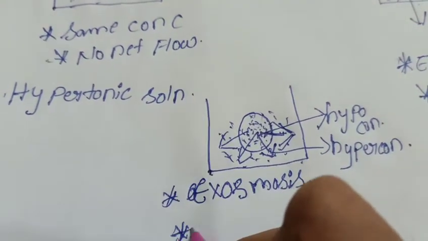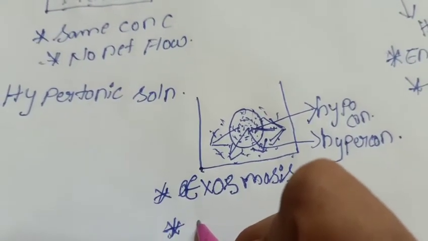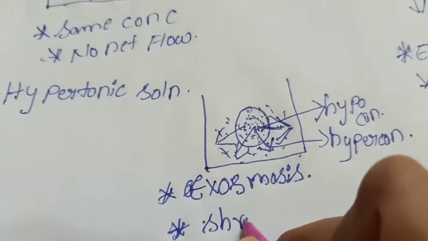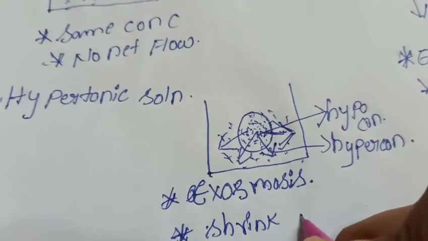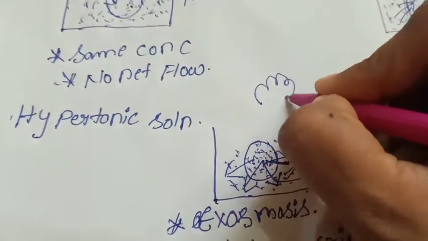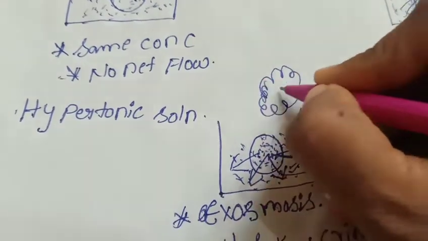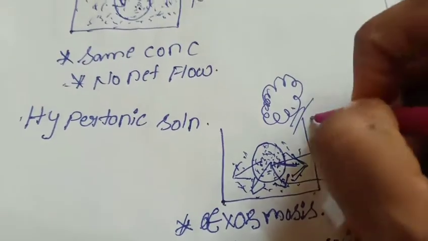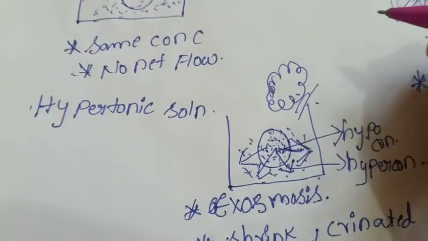Then the water molecules are coming from the inside to outside, so the cells will shrink and become crenated. Crenated is nothing but the cells looking shrunken from outside. Okay, this is about the hypertonic solutions.